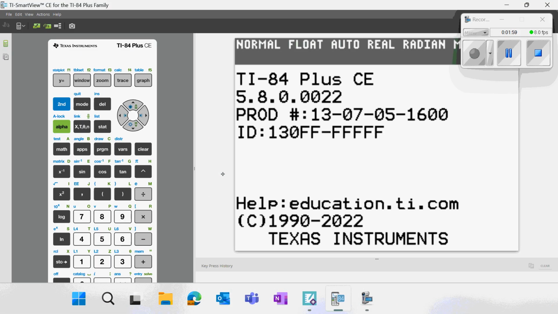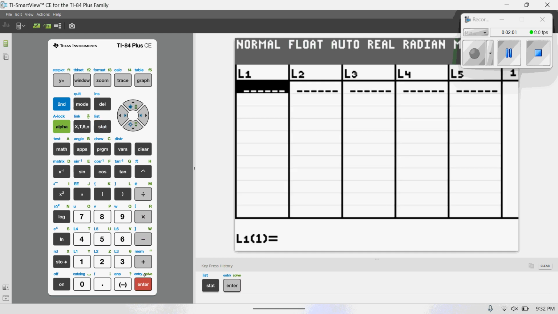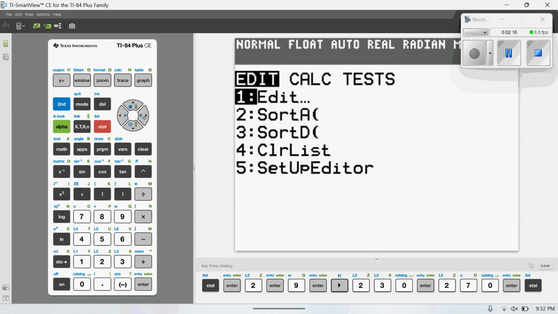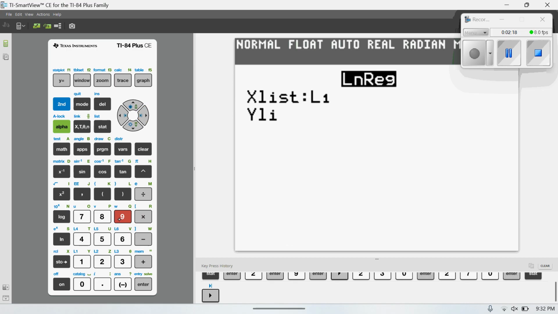On my calculator, stat, edit. If you have anything in here, go up and hit clear, never delete, always clear, and hit enter. So 2, 9, 230, 270. Stat calc, like I said, I'm choosing choice 9.